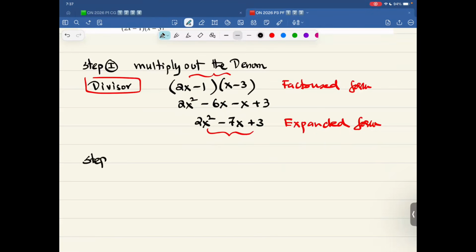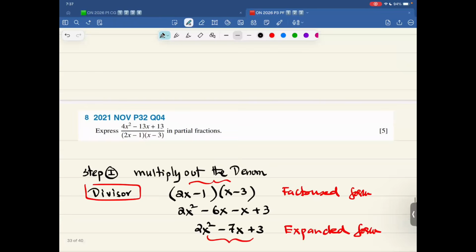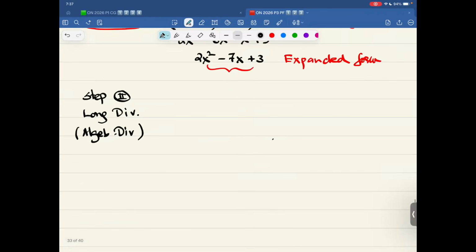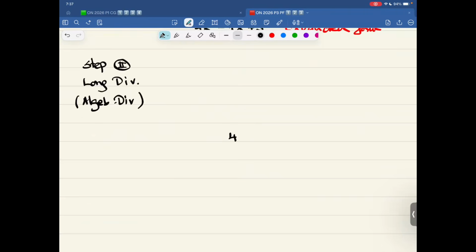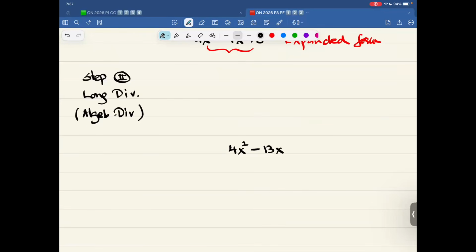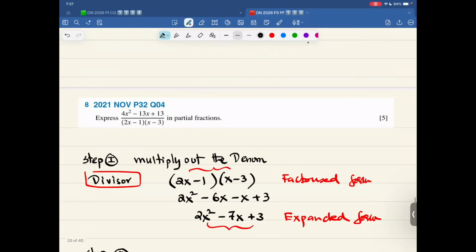Step number two is long division. That's the slang that we use; the proper name is algebraic division. So now let me write 4x squared minus 13x plus 13. I should have checked it first, but of course I know it belongs to this category.